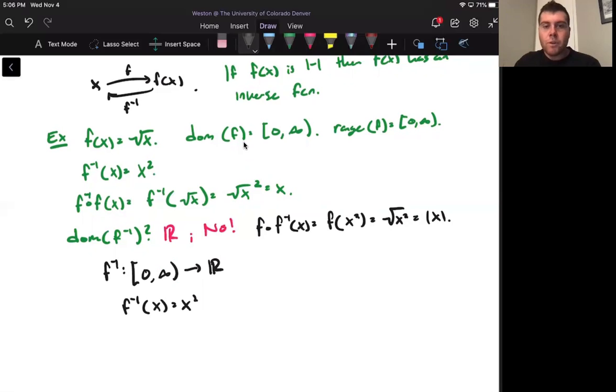So now we've ruled out the possibility of f inverse being allowed to have negatives plugged into it, which actually solves our problem. So it seems like a bit of a technicality, and that's true, but it's just so that we can be consistent. So we just have to be careful with what the domain is.